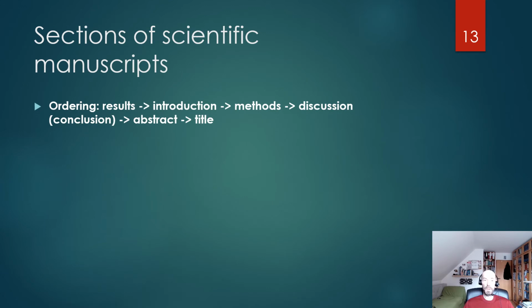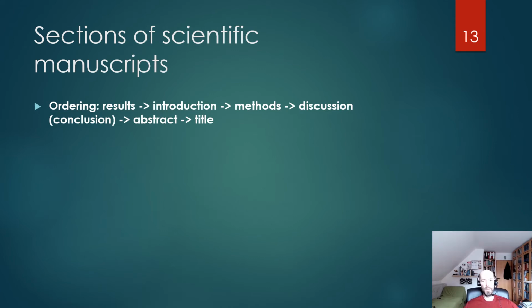So now for the different sections of scientific manuscripts, and here my recommendation would be to write them in a particular order, and I also specify this order in my book, Wissenschaftliche Texte auf Englisch schreiben.